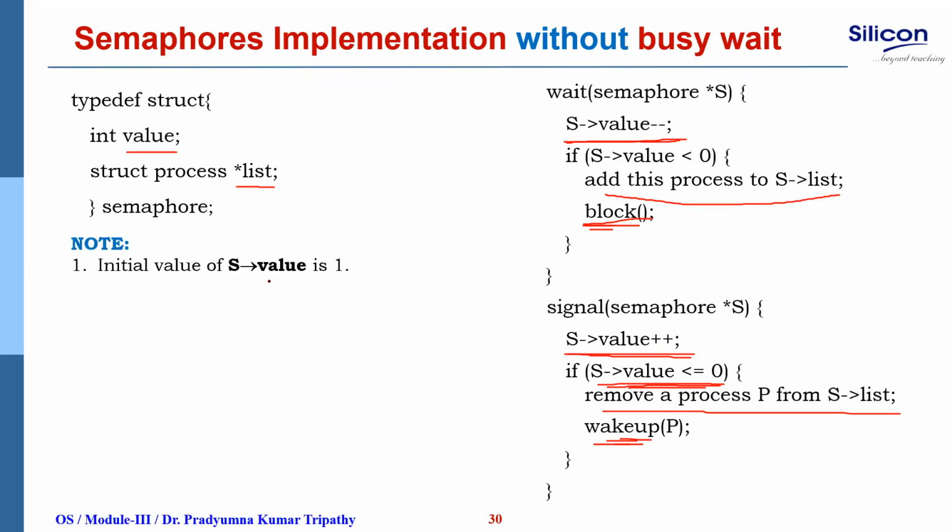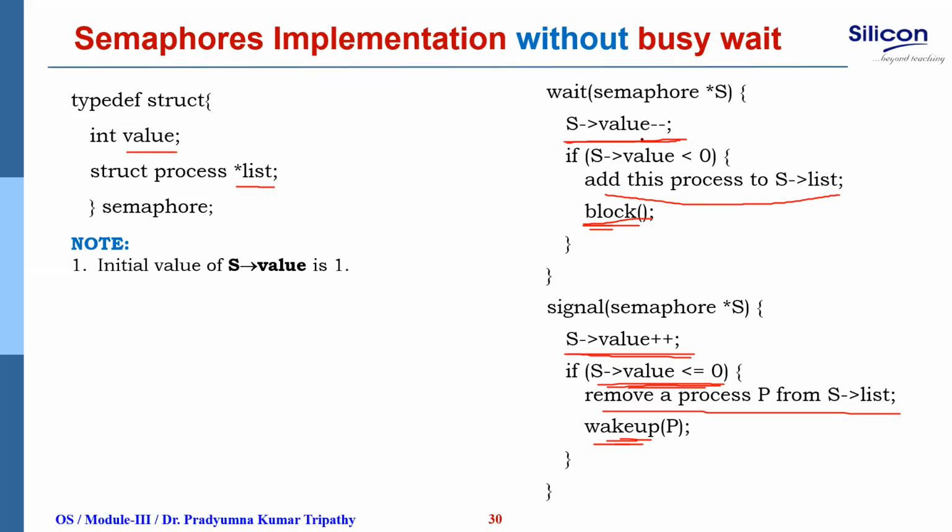So the initial value of S is 1. We can take 1 over here. 1 minus minus becomes 0. So that means this is the first process. Correct? See over here, S value is 1. 1 is less than or equal to 0 doesn't satisfy, so it will enter into the critical section. Suppose when the process is in the critical section, the next process comes.